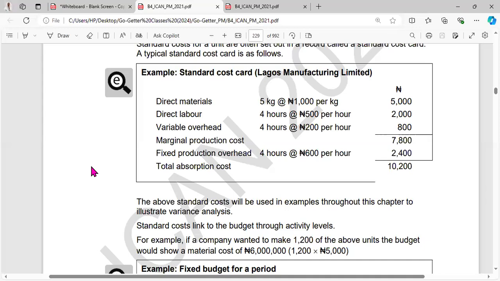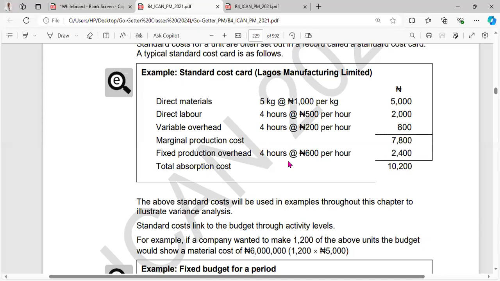All right. This is the standard cost here. Everything you see here is standards. These are used in building the budget. Standard usage is 5 kg of direct materials. Standard hours is 4 labor hours. And know this, once you have achieved labor hours, that is the same amount of hours you use in variable overhead and in fixed overhead.